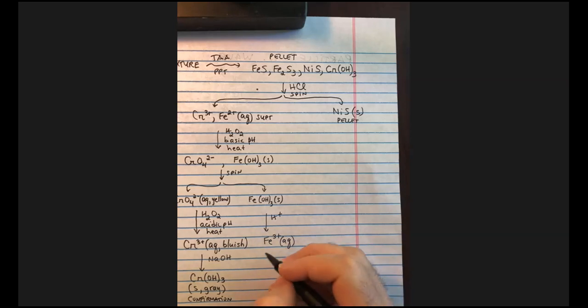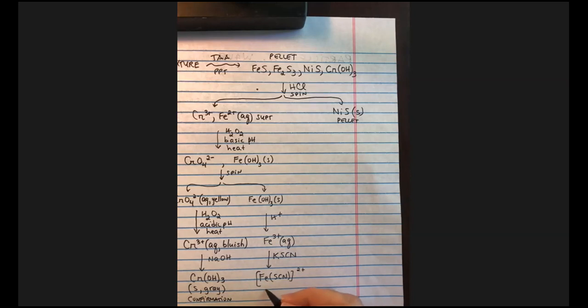And then we are going to add our good friend potassium thiocyanate. Remember that in the presence of that, the iron is going to form this complex ion, and if you remember, we've done this before, which is going to give us a red solution. Okay, and that is our confirmation.